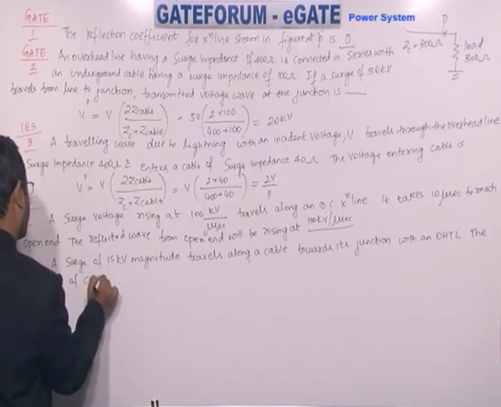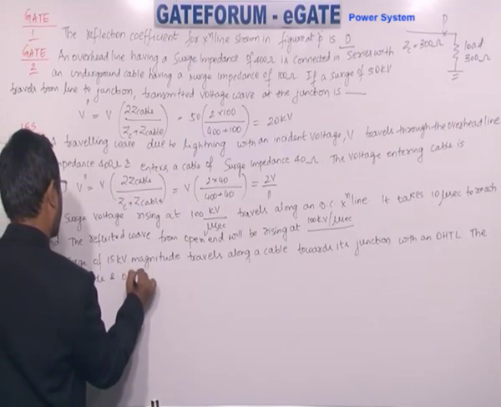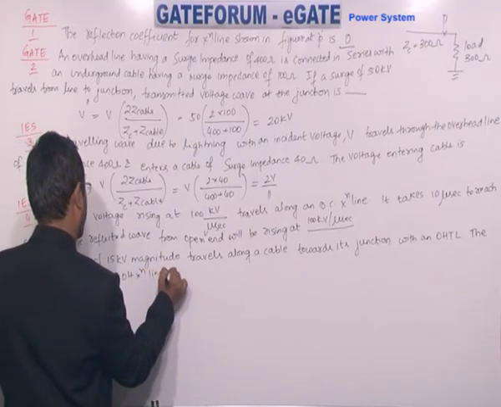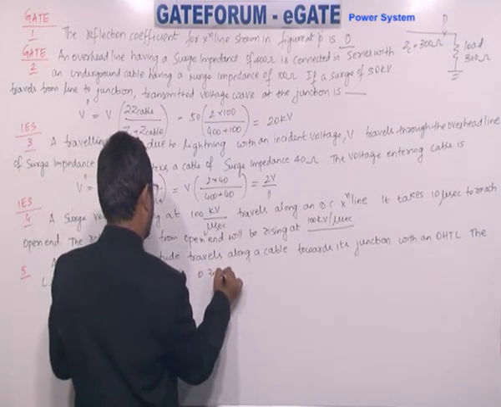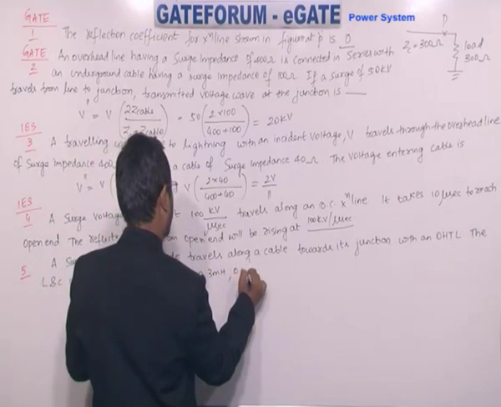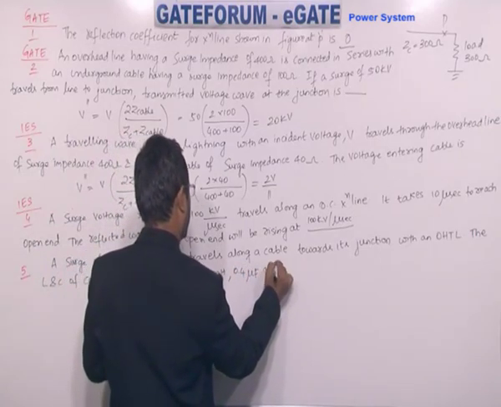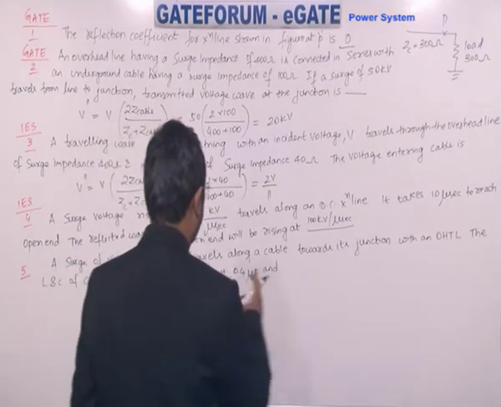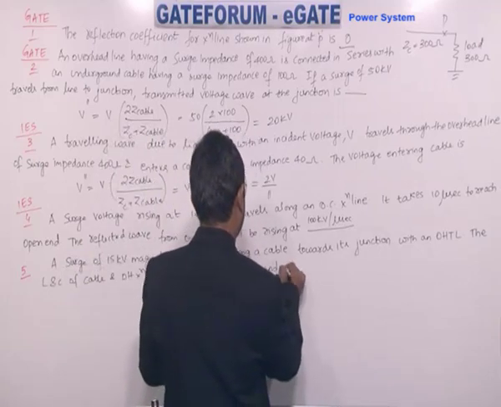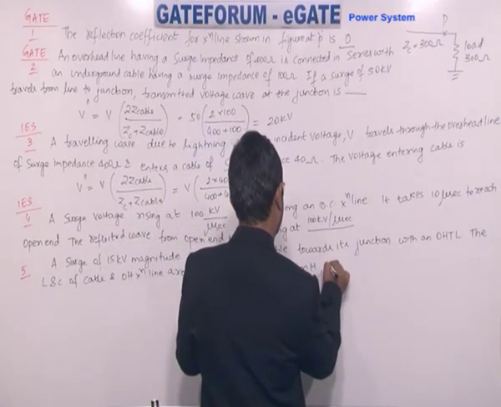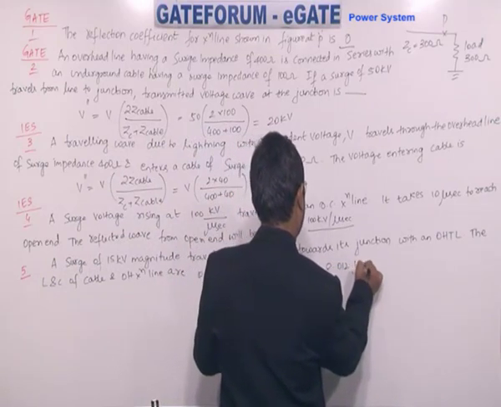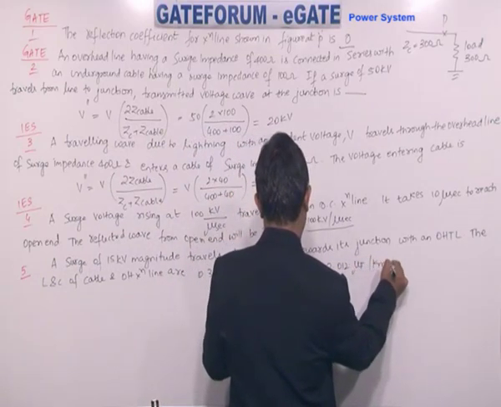The L and C of cable and overhead transmission line are 0.3 millihenries, 0.4 microfarads, and 1.5 millihenries, 0.012 microfarads per kilometer.